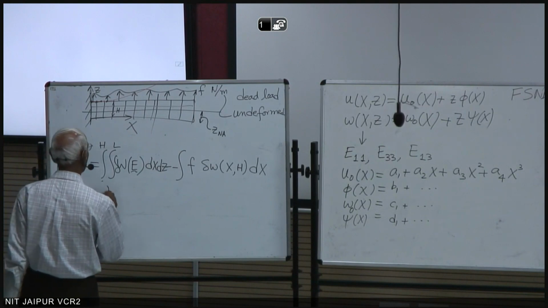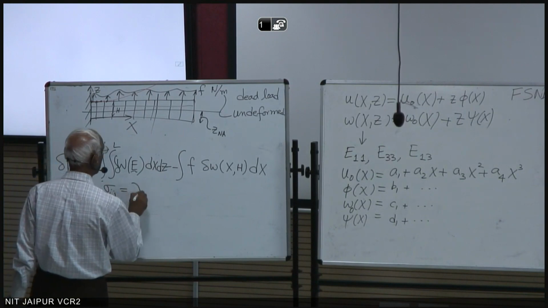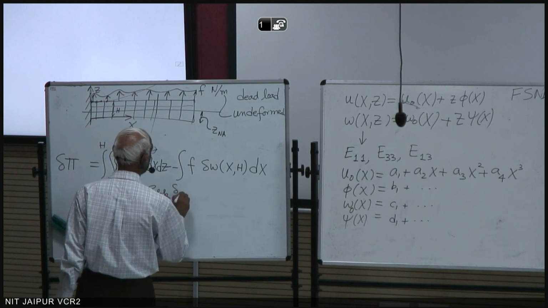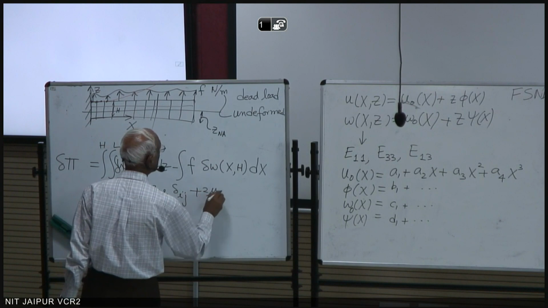I wrote Hooke's law as sigma ij equal to lambda ekk delta ij plus twice mu eij.